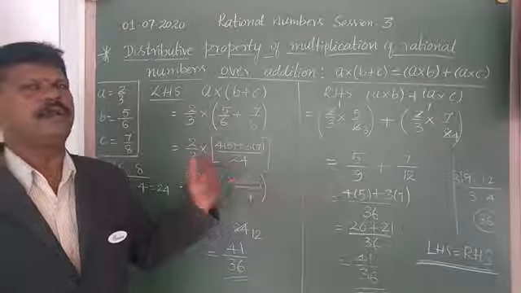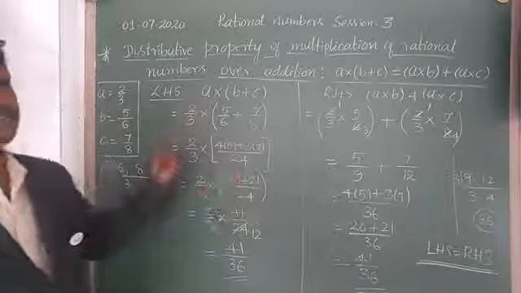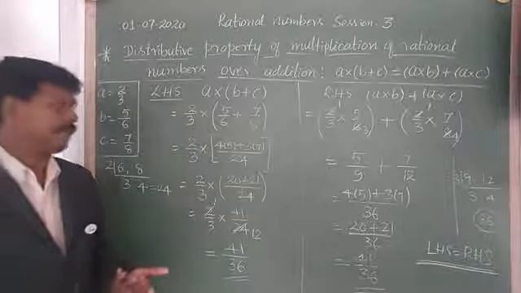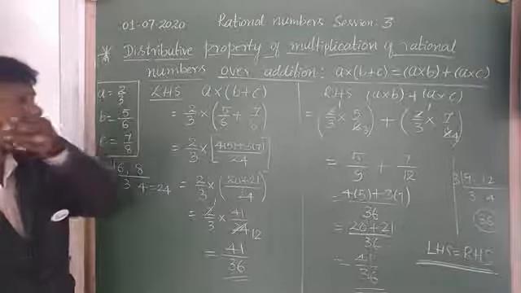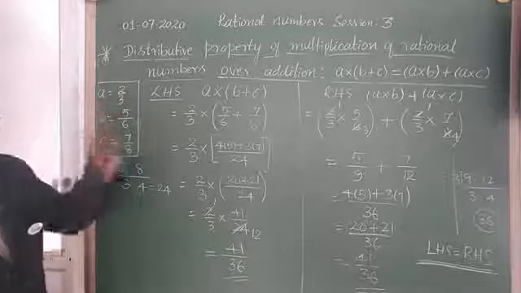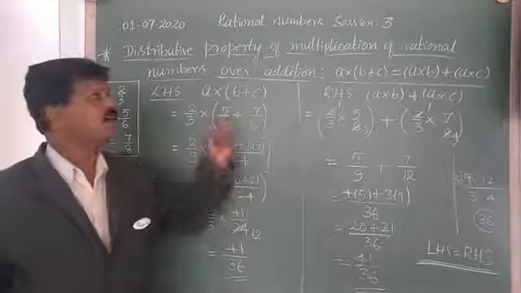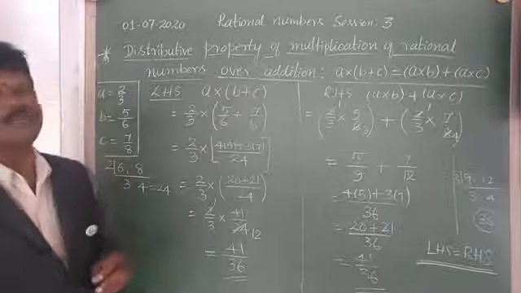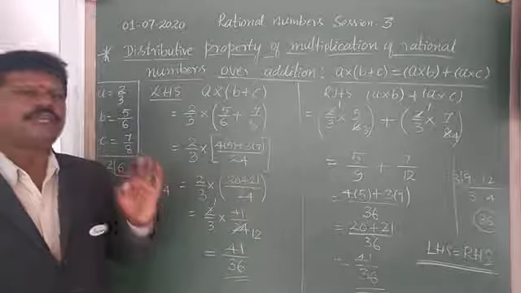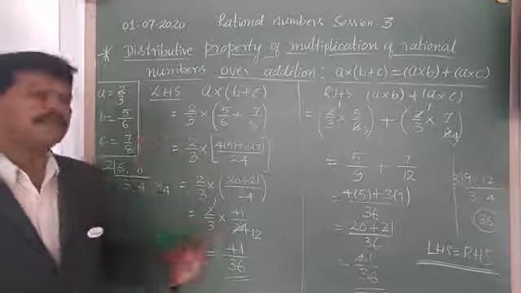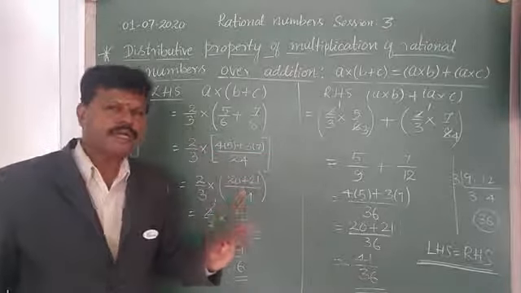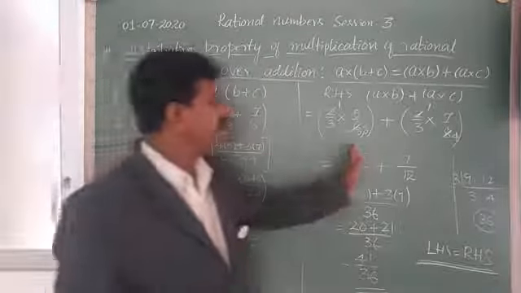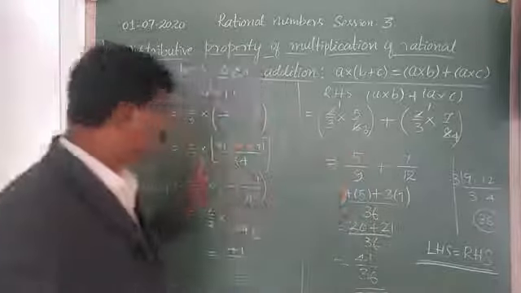A simple one is the commutative property of addition or commutative property of multiplication. Similarly, for 3 marks or 4 marks, show or verify the distributive property of multiplication of rational numbers over addition. The only thing is, you should know the tables and how to take the LCM.